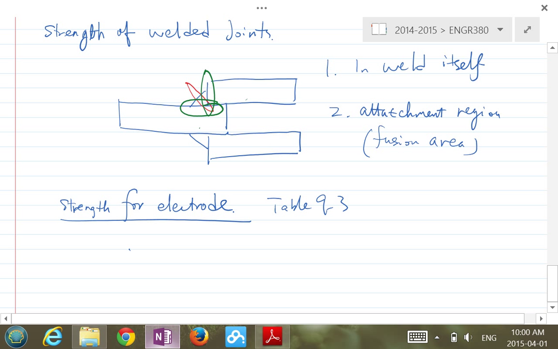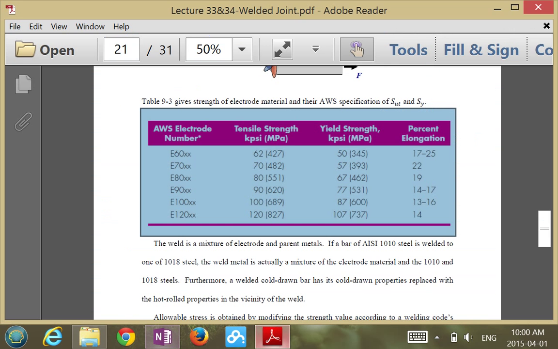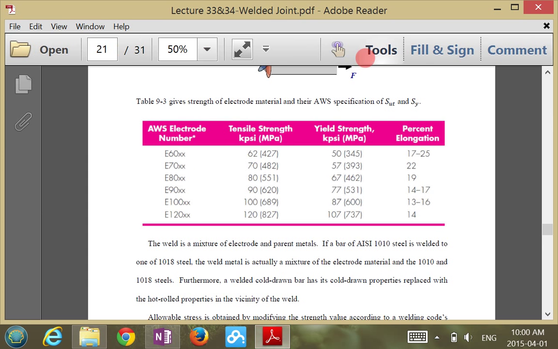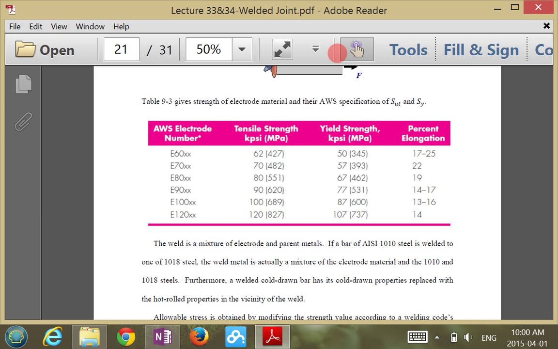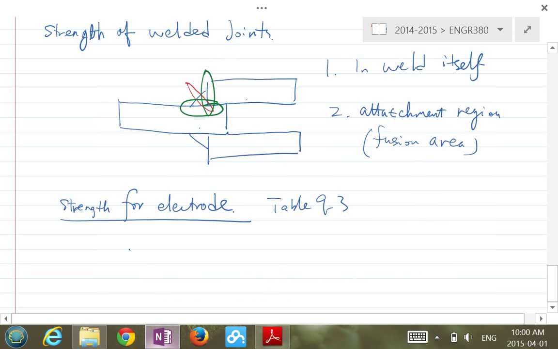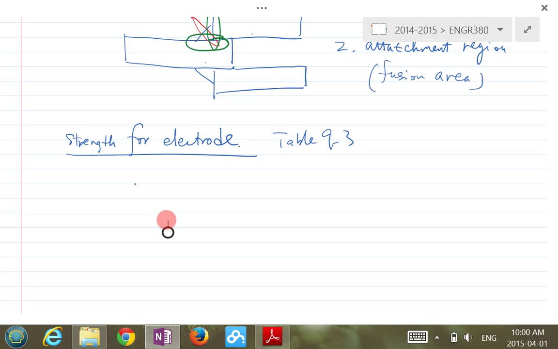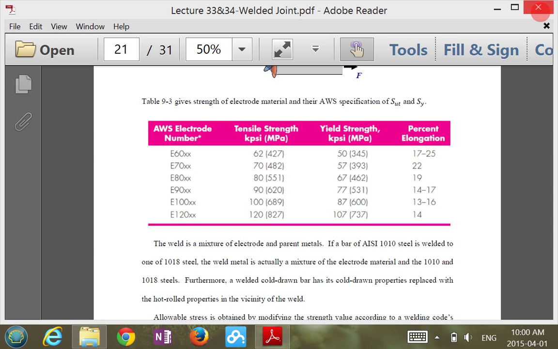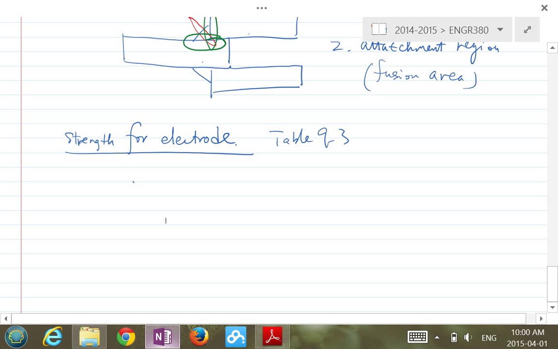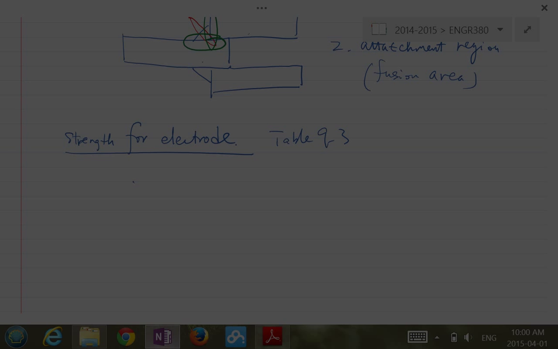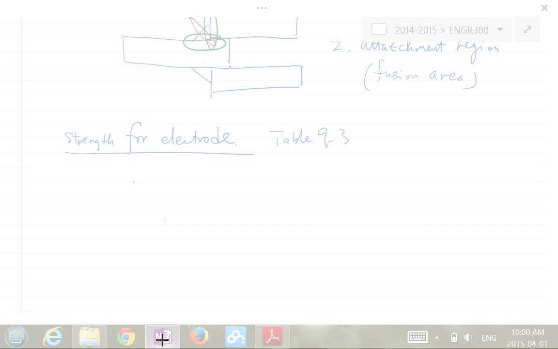My pen's not working. I don't know. Okay, let me close this and open it again. No. Oh, so the button works.